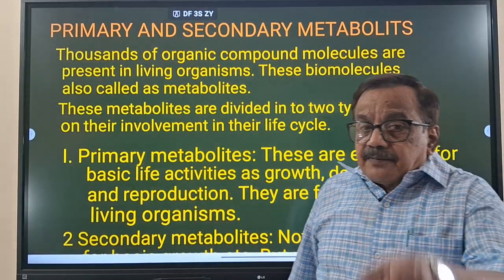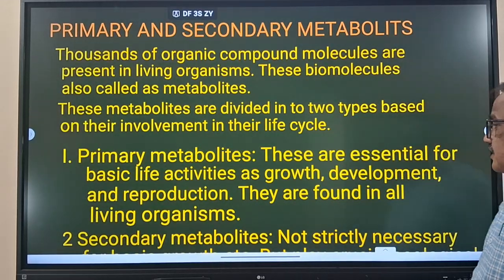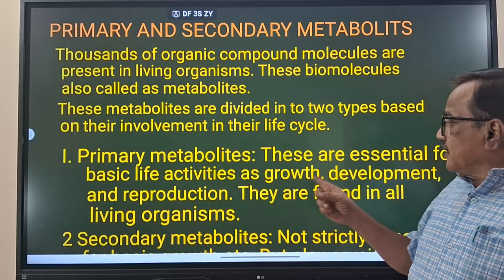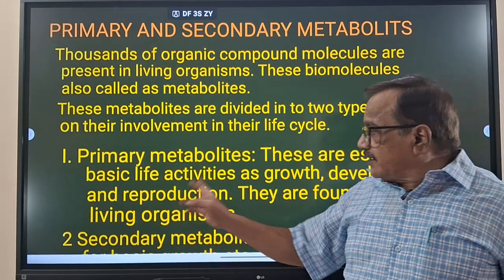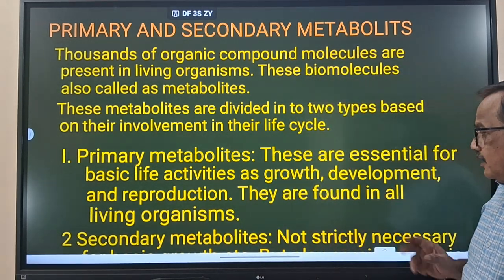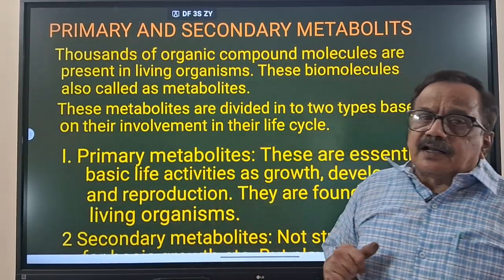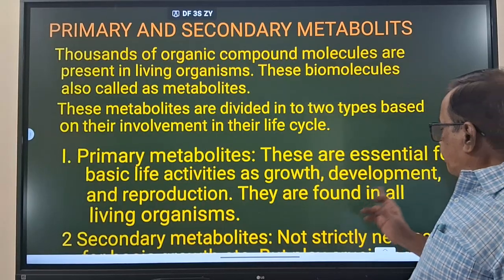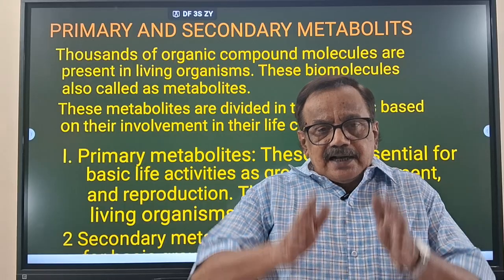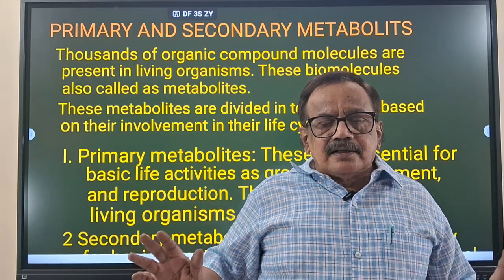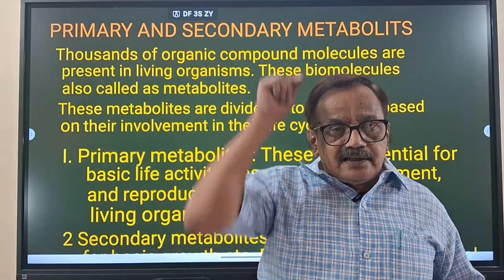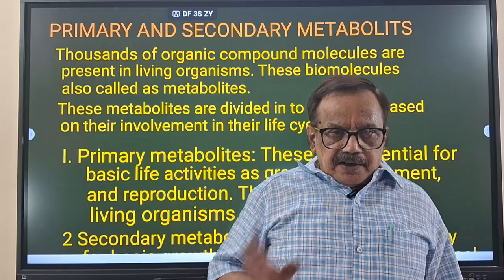Primary metabolites are essential for the basic, fundamental activities of growth, development, and reproduction. Remember these statements. They are fundamental to the living organism and are found in all living organisms. All living organisms have primary metabolites, but secondary metabolites are present only in some of the living organisms.